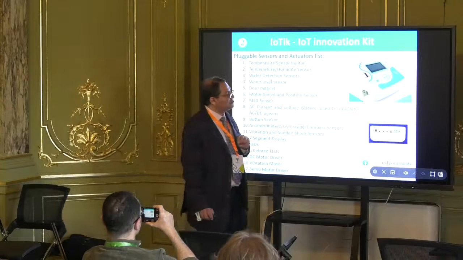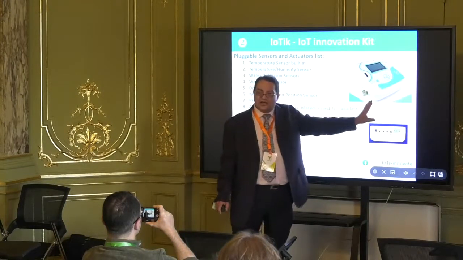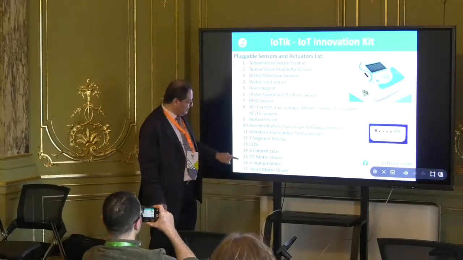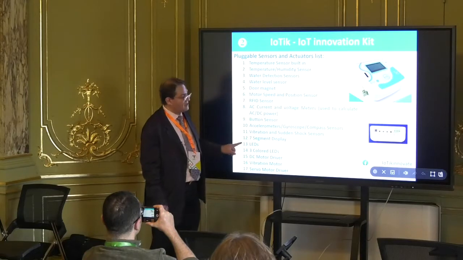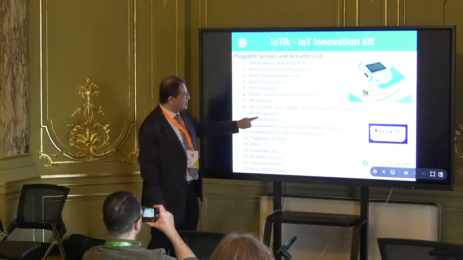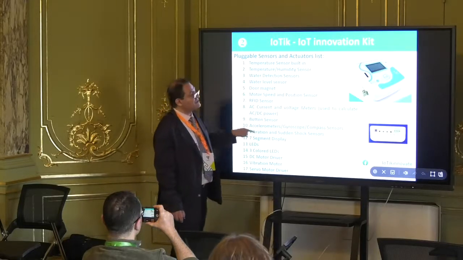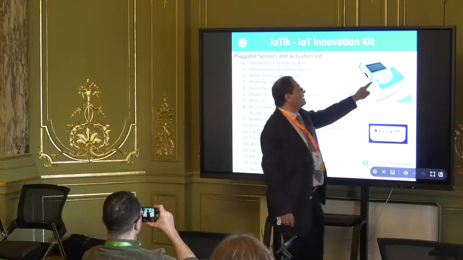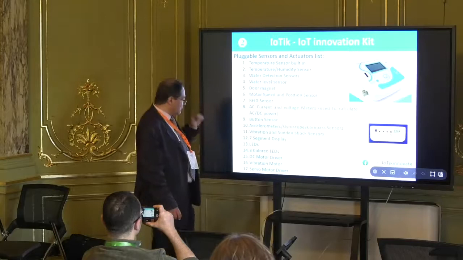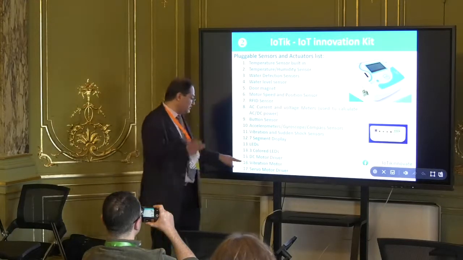Compared to the actual IoT kit device that you can also have, which also has almost 17 sensors plus actuators, this one has many more touch buttons. It has color LEDs, so it can emit different color lights. It also comes with a DC motor that you can control. It comes with a servo motor that you can control.